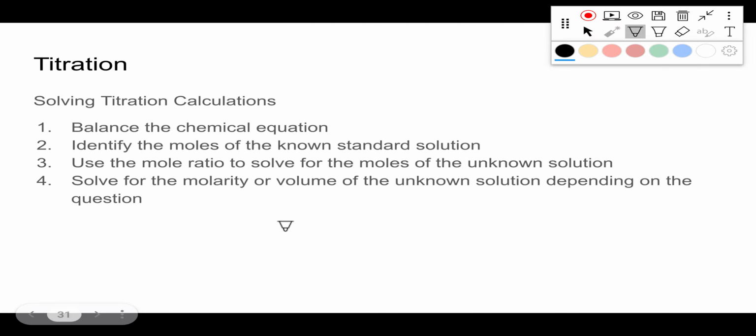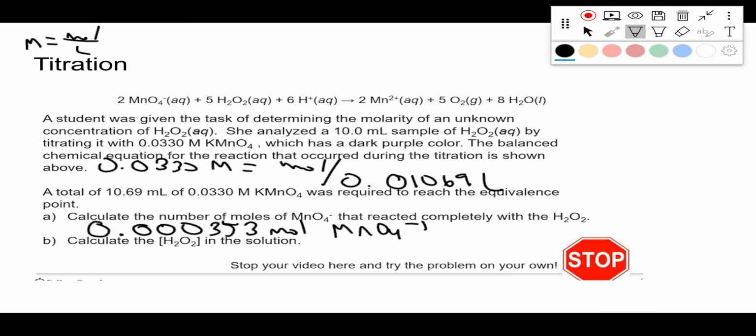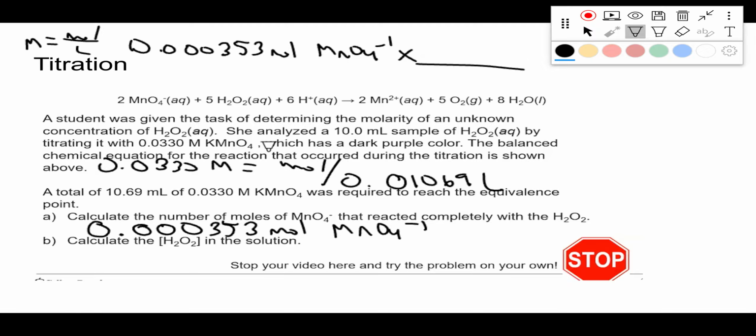If I go back to my cheat sheet, I now have to use stoichiometry to convert to my moles of my unknown. So I'm going to work that out up here, and then I'm going to pull it down here in a minute. So I'm going to have 0.000353 moles of MnO4 negative 1. Then I go back to my balanced equation. I have a 2 in front of the MnO4. My last one I didn't because they were all balanced with a coefficient of 1. So I'm going to put 2 moles of MnO4 negative 1.